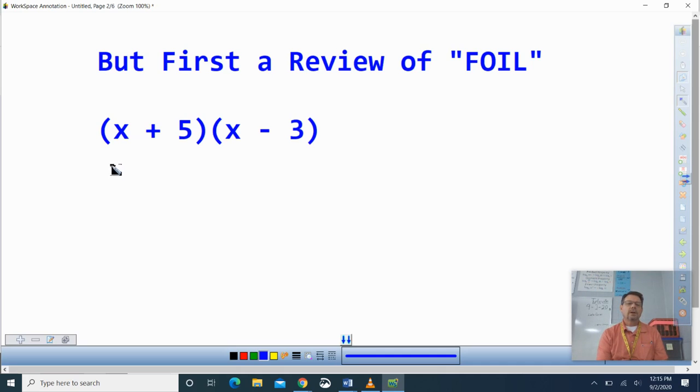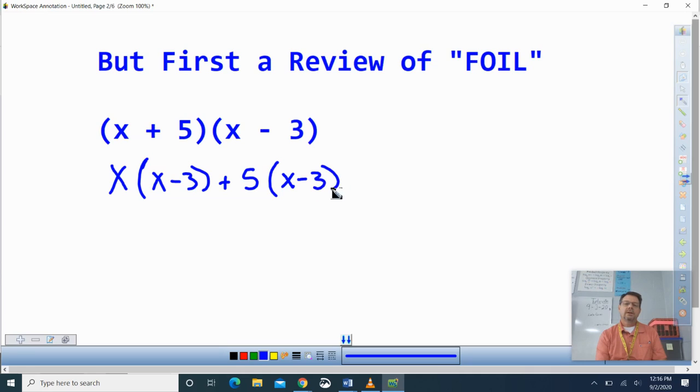What I like to do, we've got x times everything over here, so that's x minus 3, and then we're going to do 5 times both of those, so that's plus 5 times x minus 3.